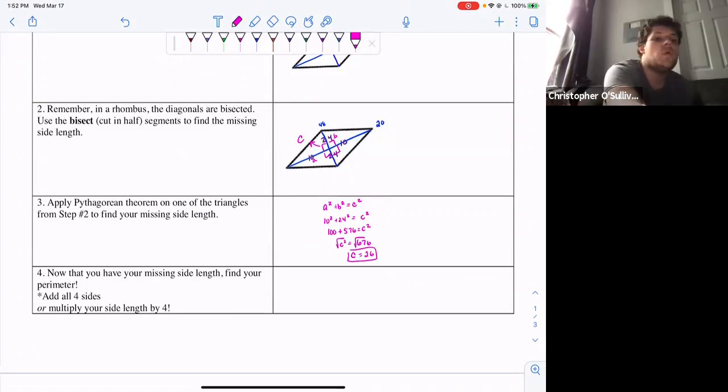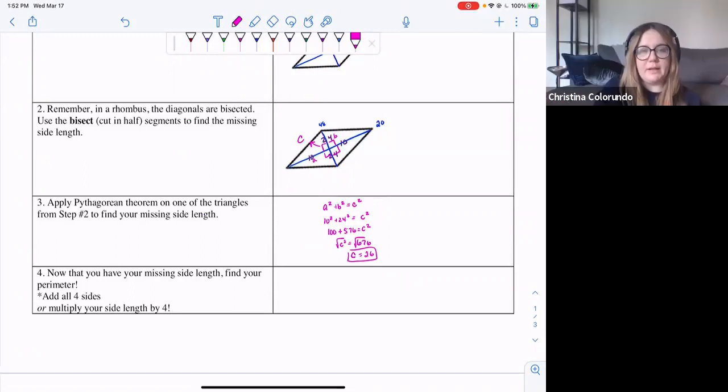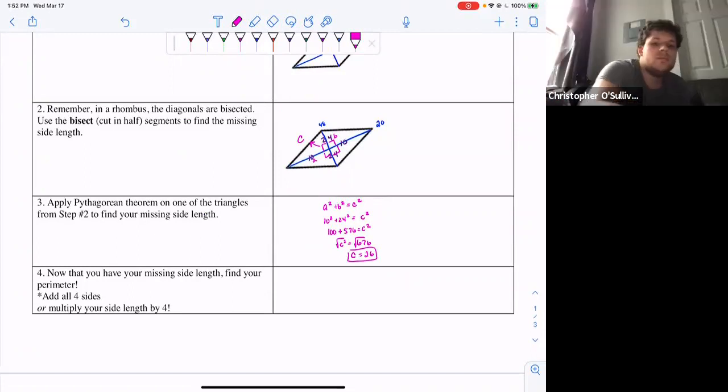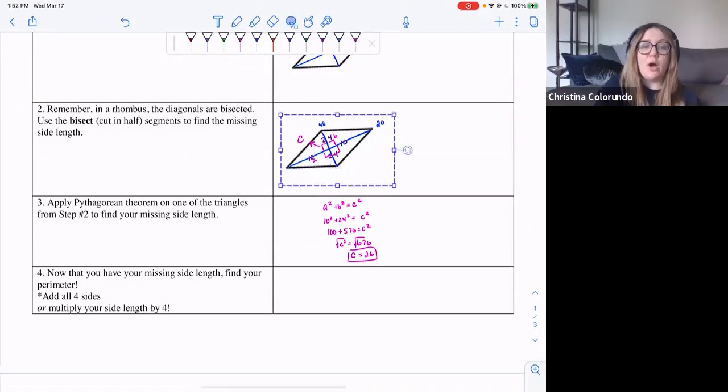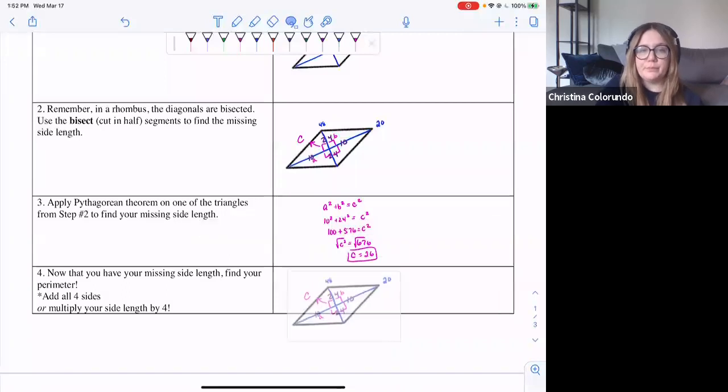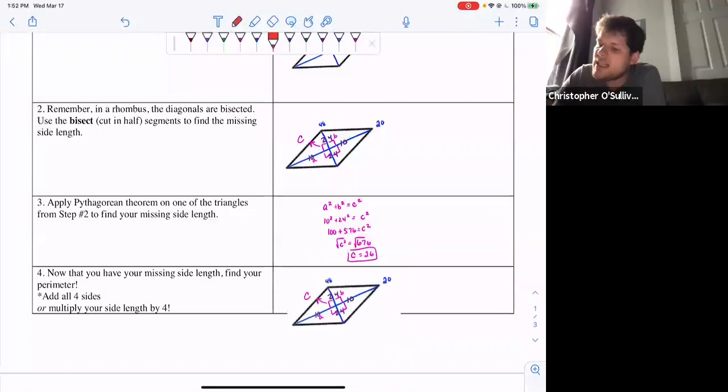Miss C, can you read step 4? So step 4 is, now that you have your missing side length, find your perimeter. To find the perimeter, you have to add all 4 sides or multiply your side length by 4. Good. So ladies, if you look at this image, we know our side lengths are now 26, 26, 26, 26.